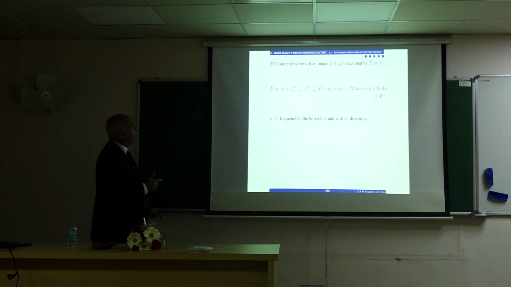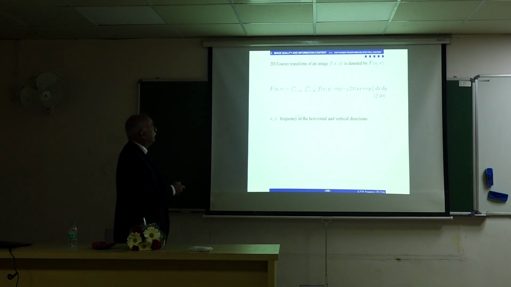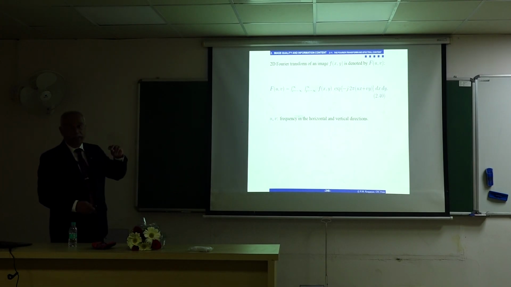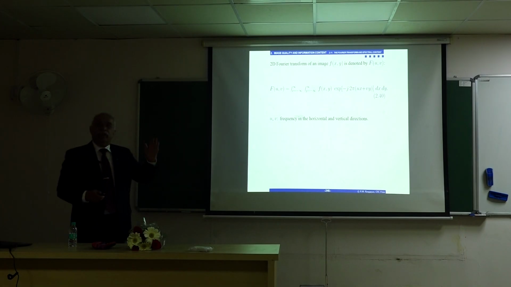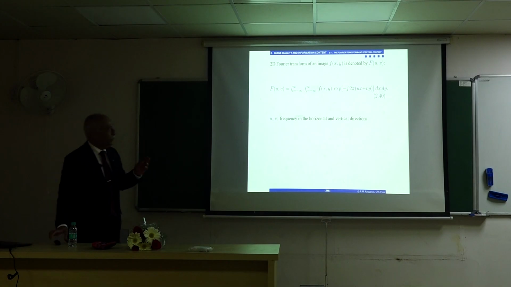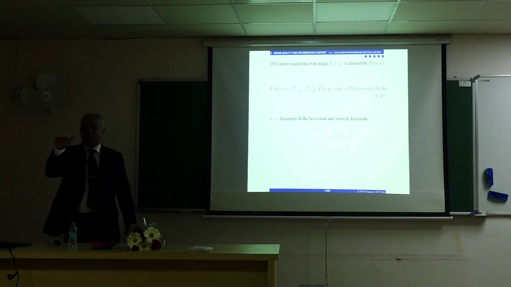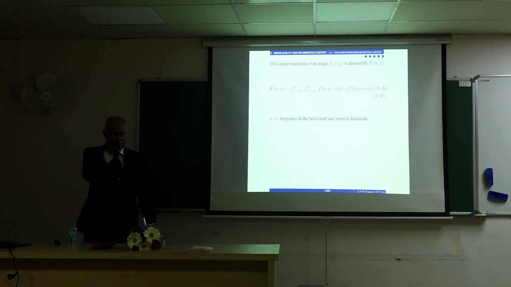So the 2D Fourier transform in the continuous representation is this. Double integral over x, y over all space of the image f(x,y) multiplied with this exponential function, which is now two-dimensional in space and two-dimensional in frequency, a total of 4 dimensions: x, y, u, v. The notation typically is u for frequency in the horizontal axis, v for frequency in the vertical axis.